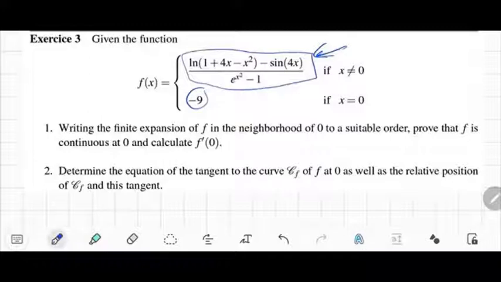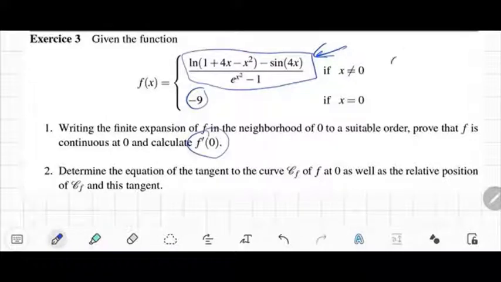Okay, so we need to calculate the finite expansion first to a suitable order to prove that it's continuous. So we need the term of order 0, which will give us the limit of f at 0, and if this limit is equal to −9, then the function is continuous. Then we need to calculate f prime at 0.